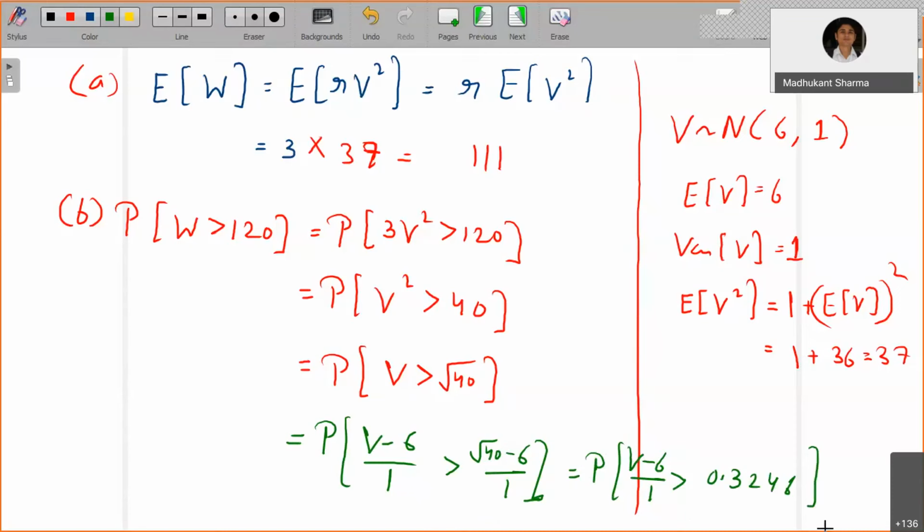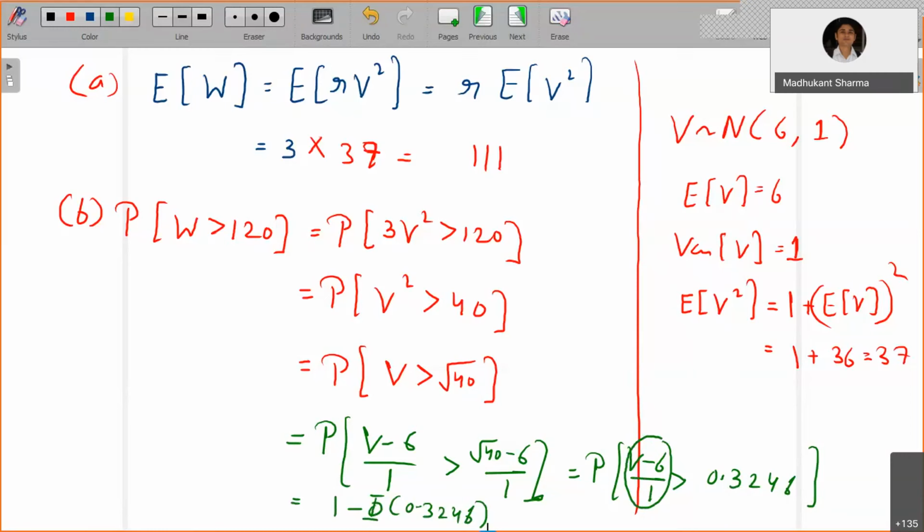And this V minus 6 by 1 is a standard normal variate. So this is Z greater than 0.3246, so that's going to be 1 minus phi of 0.3246.